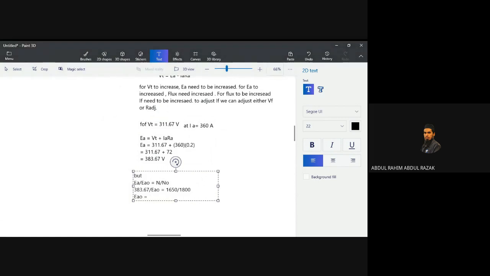How much? $418.54, right? So this is the required EA.